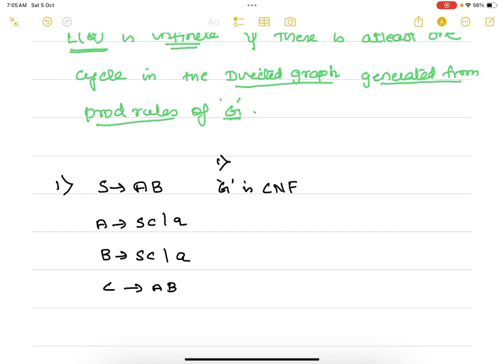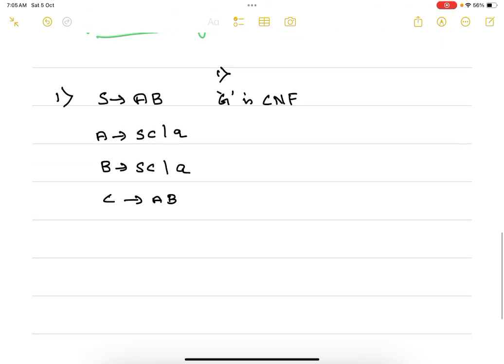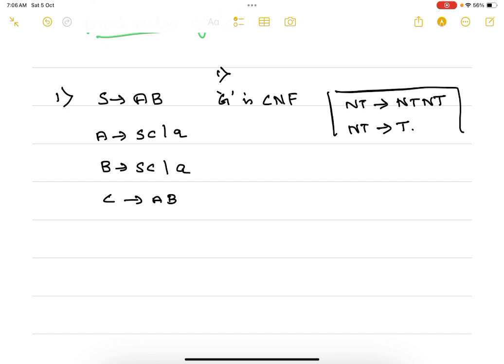That is the first step. Only then can we generate the directed graph. This grammar is in Chomsky normal form because all the productions are of the form a single non-terminal going to two non-terminals, or a single non-terminal going to a single terminal. This is how the production rules should be for Chomsky normal form. So all these productions are already in Chomsky normal form.